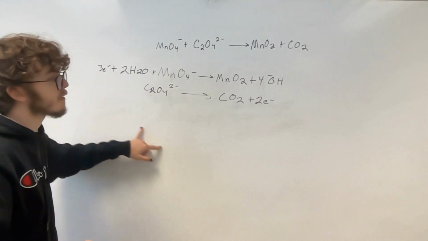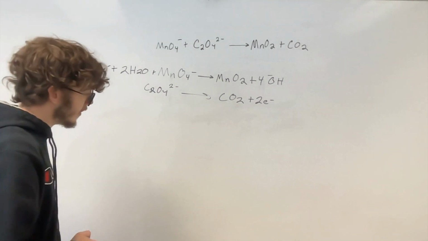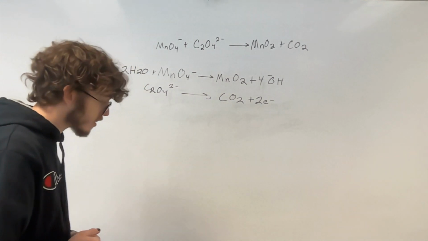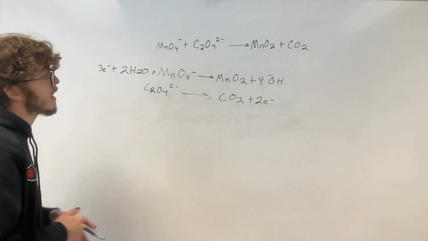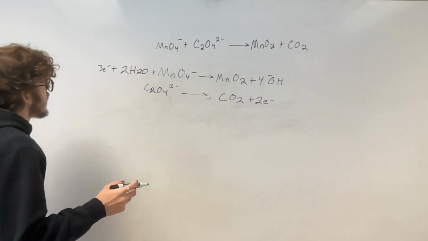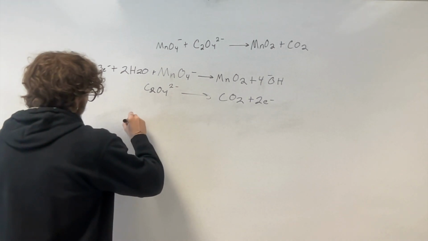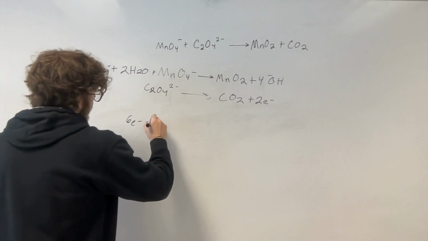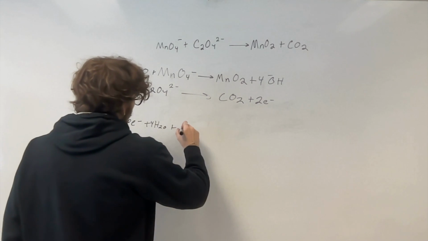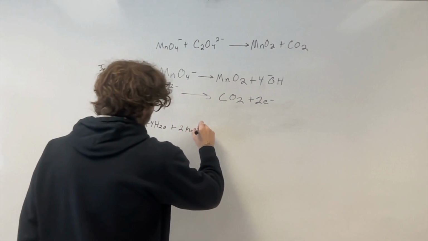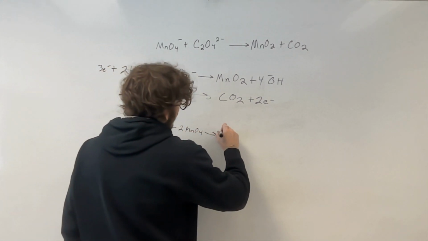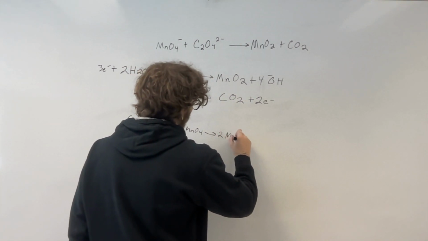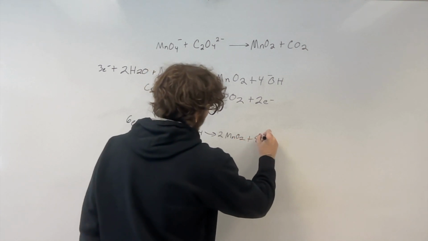Now that we have that, we have to couple these reactions by making the amount of electrons cancel. I see a 3, I see a 2, they both share that common factor of 6. So let's do that. We're going to say 6 electrons plus, and we're going to double our amount of water, so that's going to be 4 H2O plus 2 MnO4-, going to 2 manganese dioxide plus 8 OH.